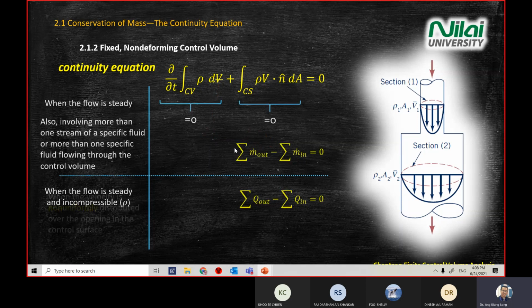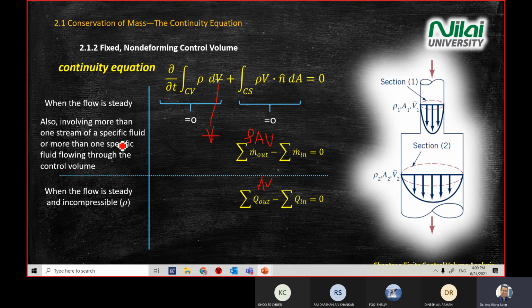All right. So just now I wrote rho AV, right? When it's incompressible, rho will be the same, so you are only left with AV, area times velocity, for the Q. Your in will be the same as the out, or you can say that out is the same as the in. This is for steady flow.